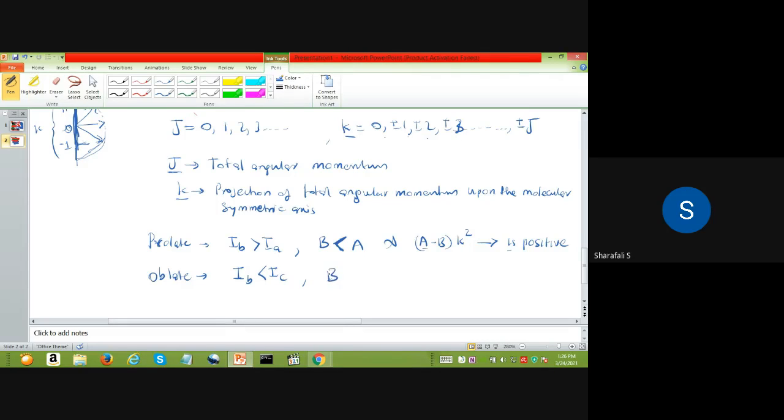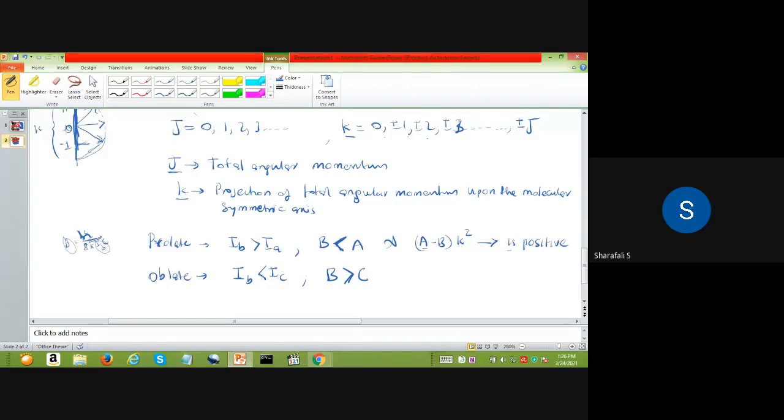Then in this case B is greater than C, because IB is smaller, so B will be higher, as B is inversely proportional to IB, compared to C. This comes from the equation B equals h square by 8 pi square IB into C. So if IB is smaller, then B is larger.